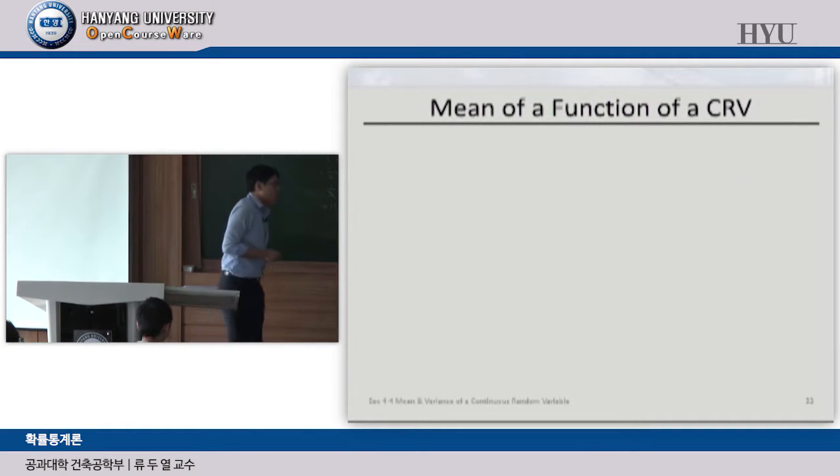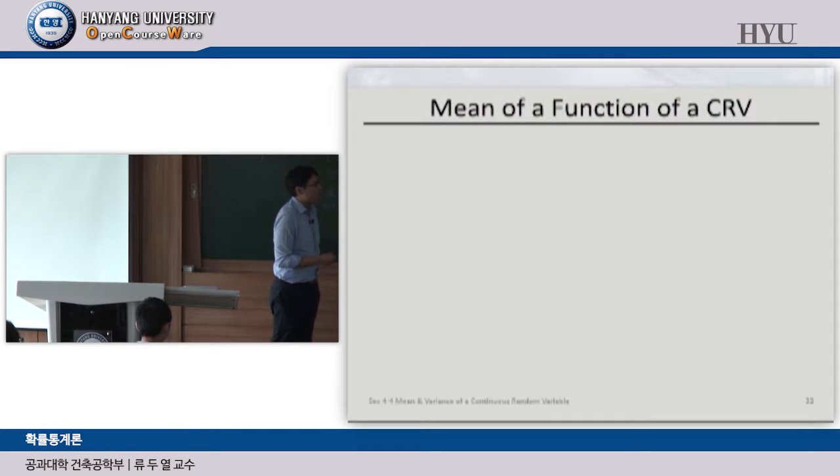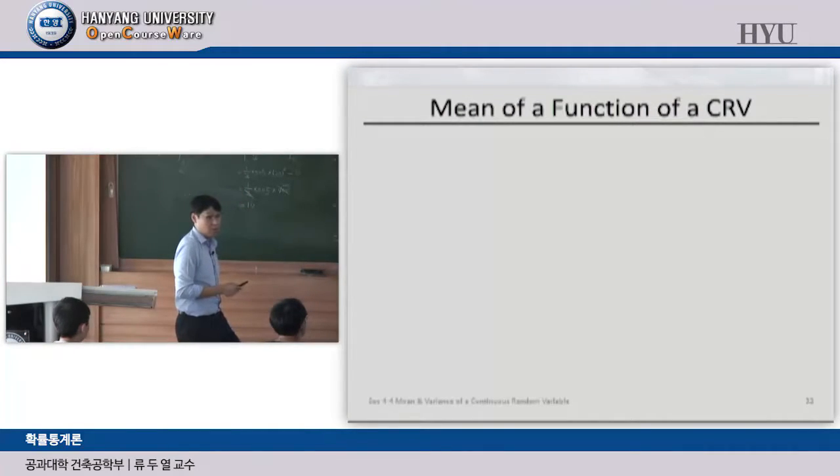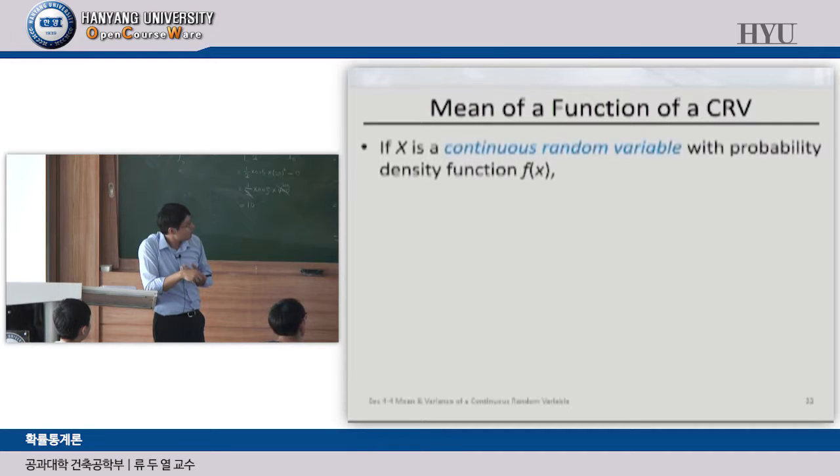And I'm going to explain the mean of a function of a continuous random variable. This means that if the continuous random variable is expressed by a function, we can calculate the mean by using this equation.